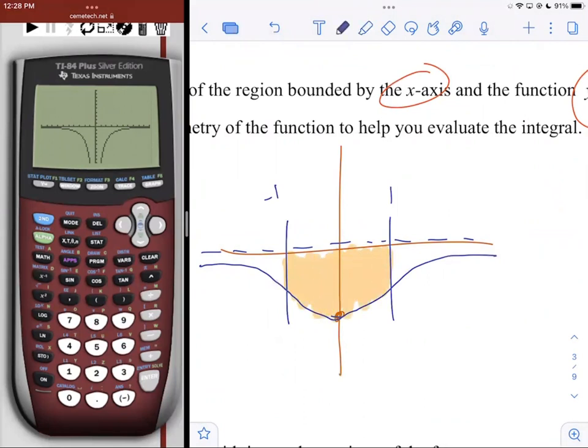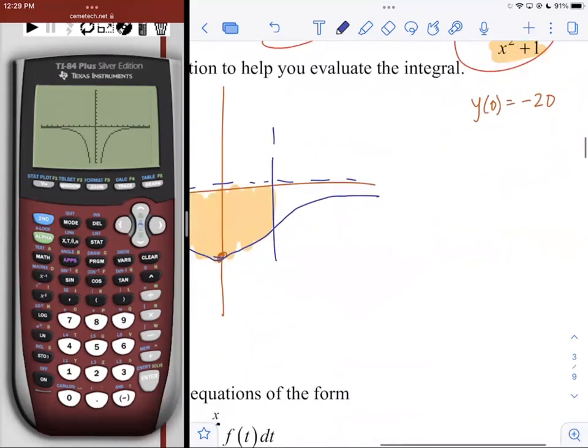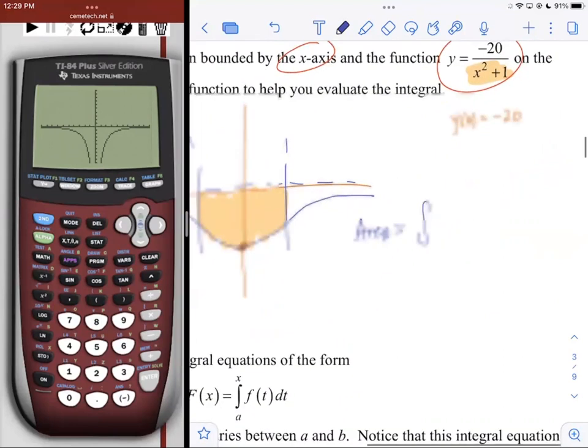Well, the entire region is below the x-axis, right? So if I integrated from -1 to 1, I'm going to get a negative value whose magnitude is the area. So the simplest way to set up the area integral is to just integrate from where to where? 1 to -1.